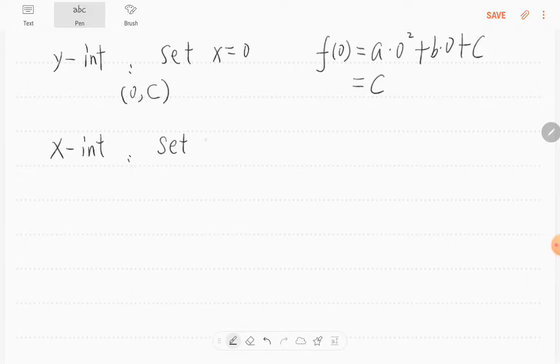We set y equals 0, right? Y equals f of x, so f of x equals 0. So ax squared plus bx plus c equals 0. This is called a quadratic equation. We want to find the roots of this quadratic equation.